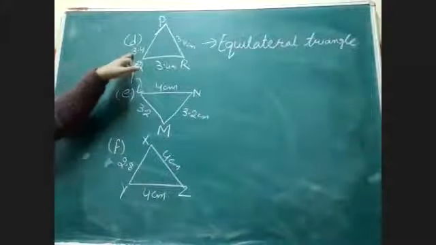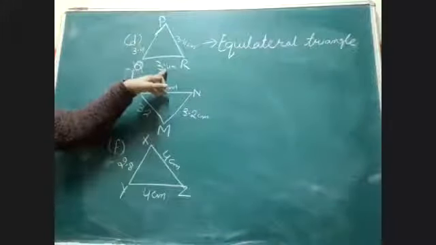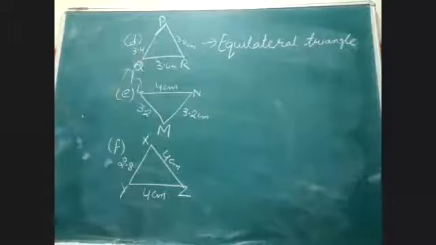All three sides are 3.4, 3.4, 3.4, all equal in length, so this is an equilateral triangle.